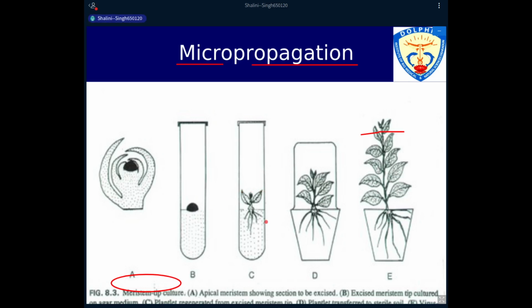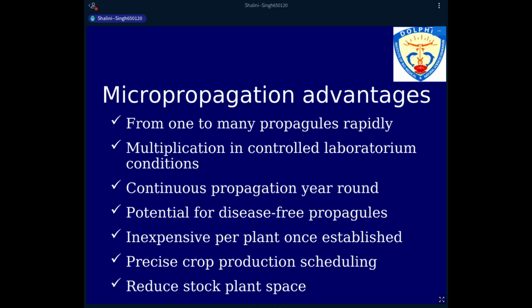After inoculation onto nutrient medium, it will grow into shoots and roots, and that's how you have a bigger growing plant, which is transferred to the pot. So that's how we do micropropagation by meristem tip culture. Why do we do micropropagation?